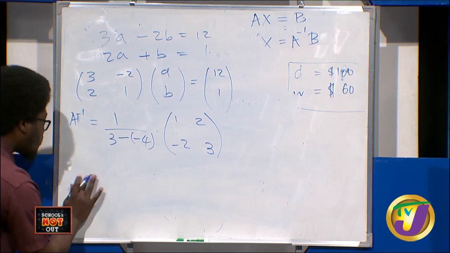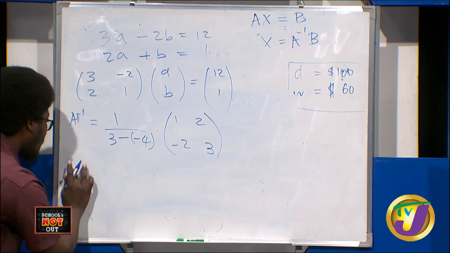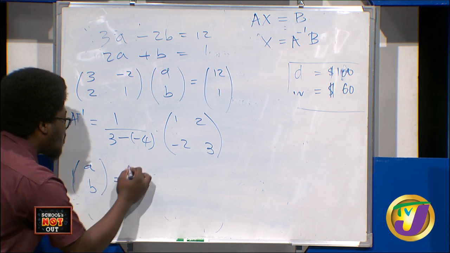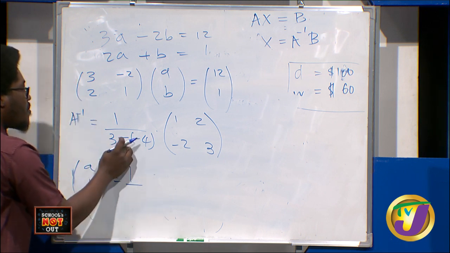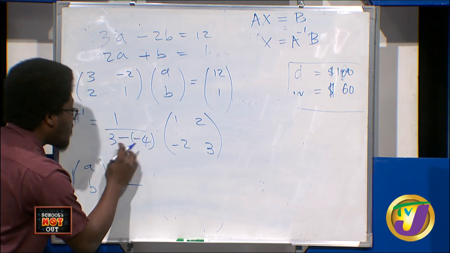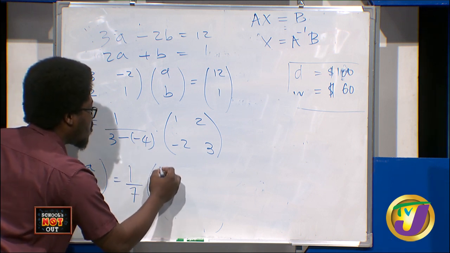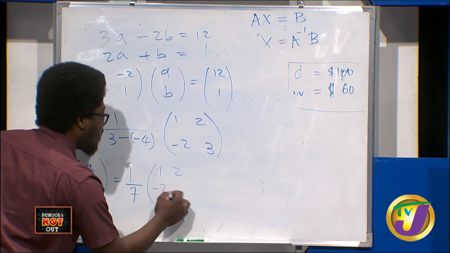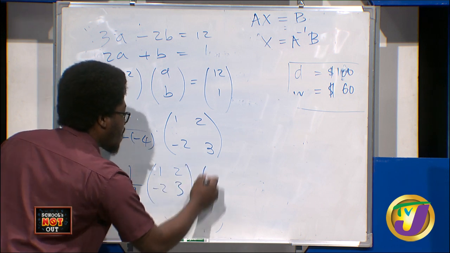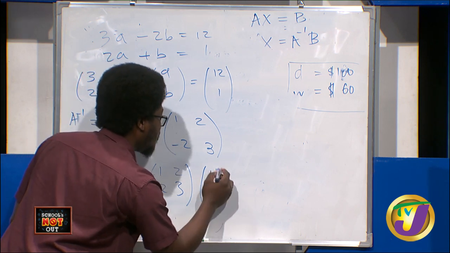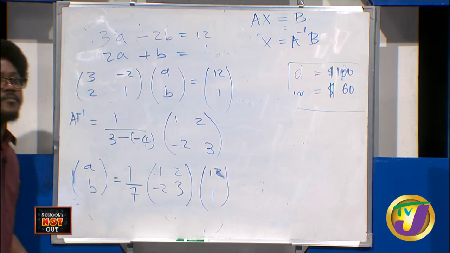So all that's left for us to do now, to determine the values of a and b, is multiply our inverse, which is 1 over 3 minus negative 4, giving us 1 over 7, and this is going to be 1, 2, negative 2, 3, being multiplied by 12 and 1.